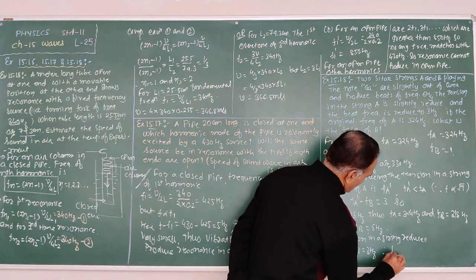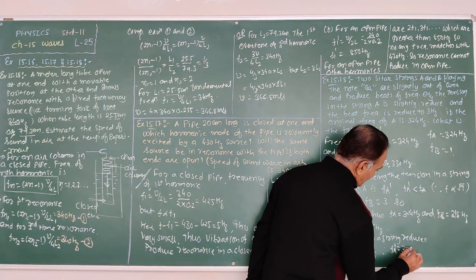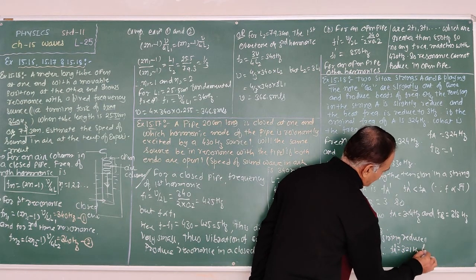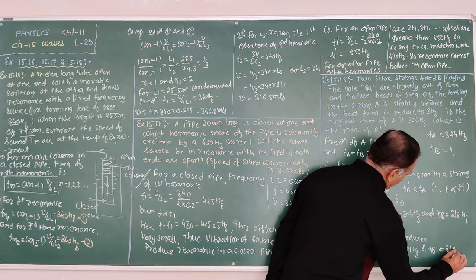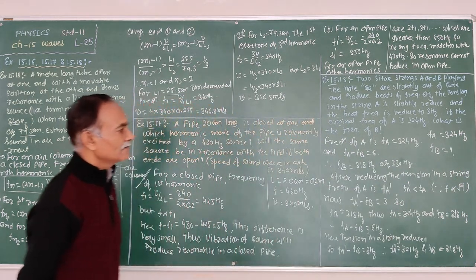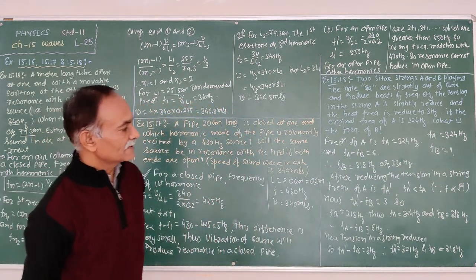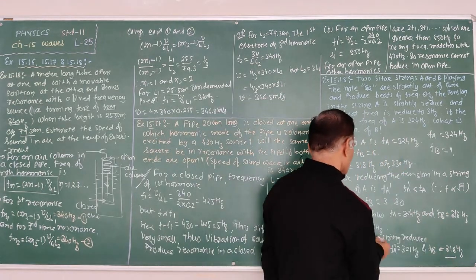Therefore, FA dash is equal to 321 Hz and FB is equal to 318 Hz. So these are the frequencies. The frequency of the B wire is 318 Hz in both cases.